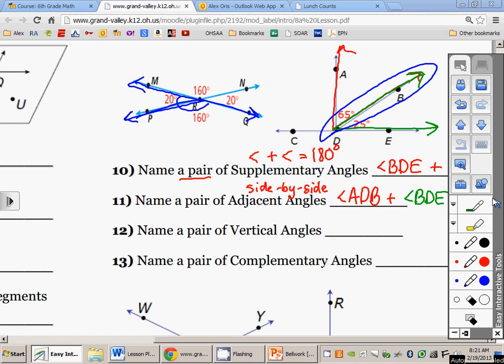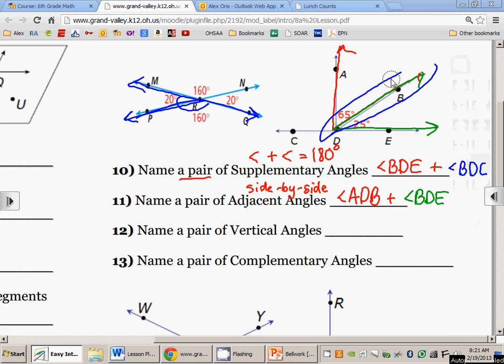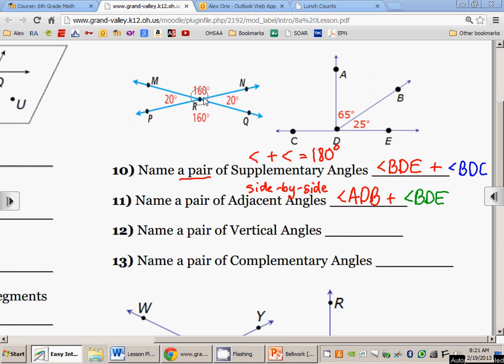All right, we're on page 11, vertical angles. Anybody got the definition for us? Nick, vertical angles. What are we looking for when we talk about vertical? A pair of opposite congruent angles formed by intersecting lines.